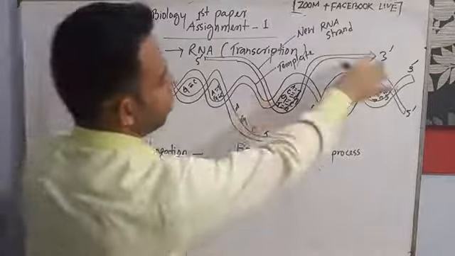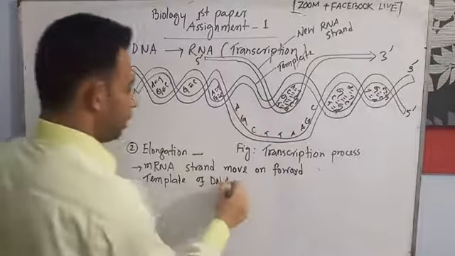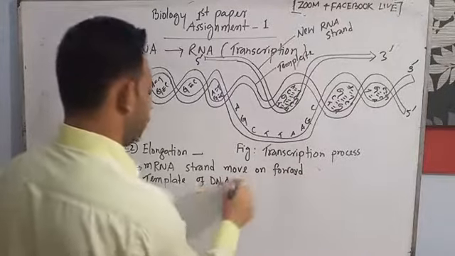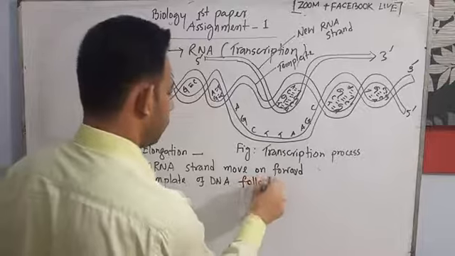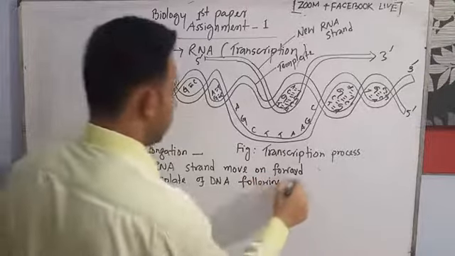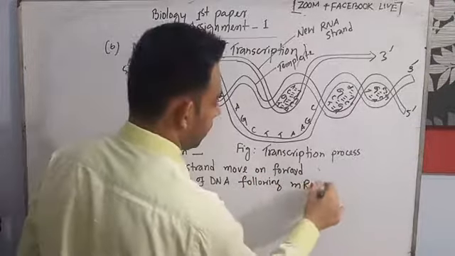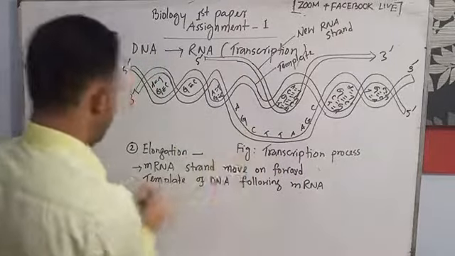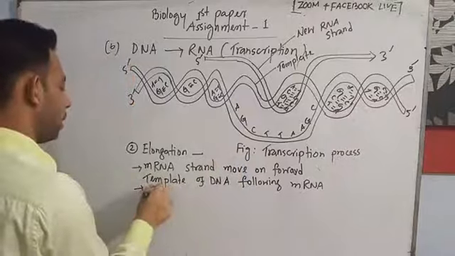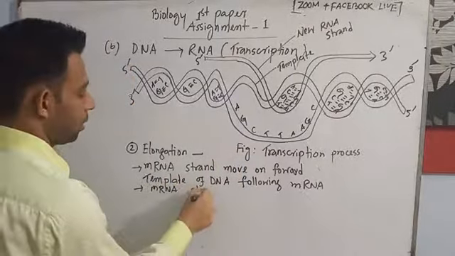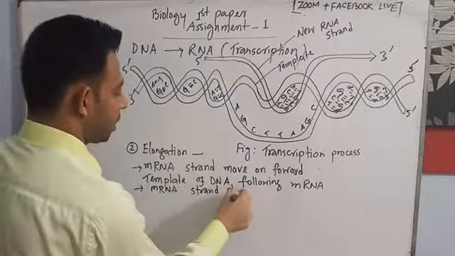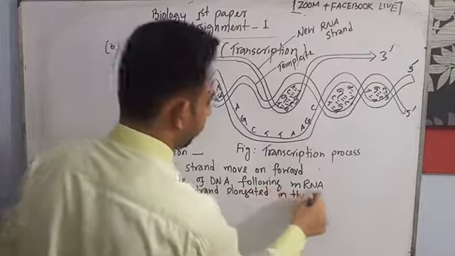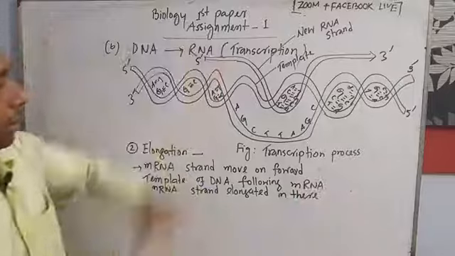One is the mRNA strand, another is the DNA template. It moves forward, following the mRNA, and when it is completed, the mRNA strand is elongated. Look here, the twisted part is now unbinding.